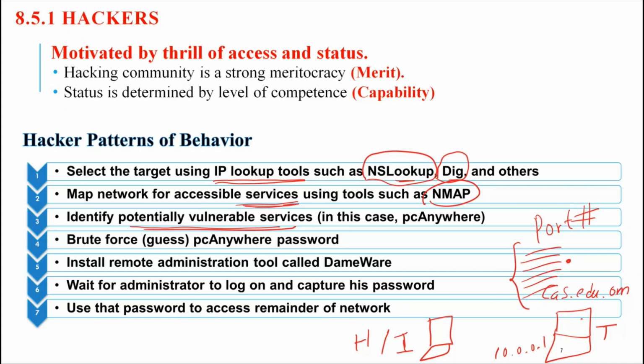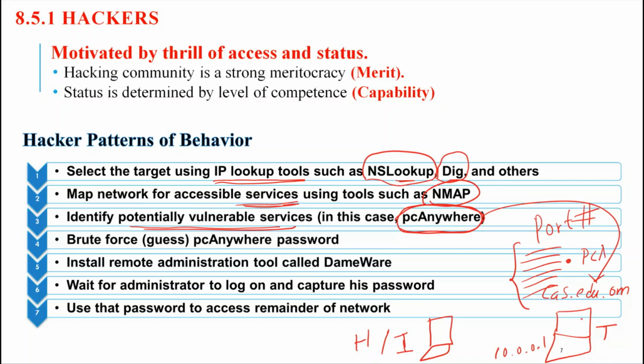Now in our slides, we are giving an example, PC Anywhere. PC Anywhere is software which can be used for remote administration between two machines. Now suppose in the target machine, PC Anywhere software is installed. That is going to be a vulnerable one.